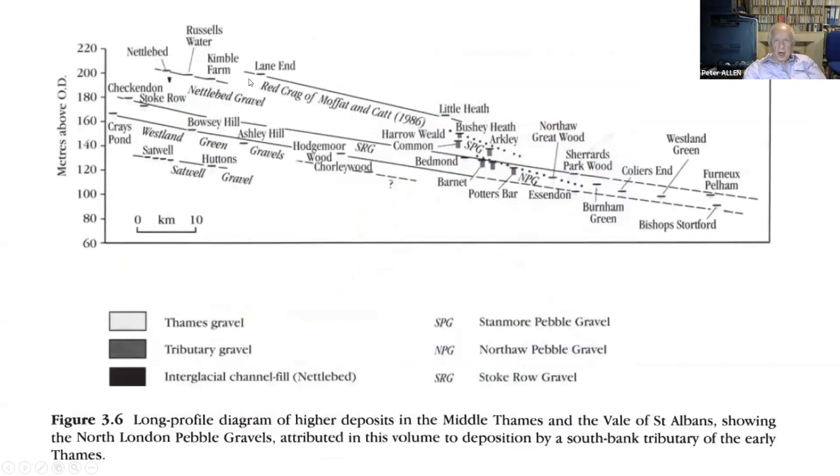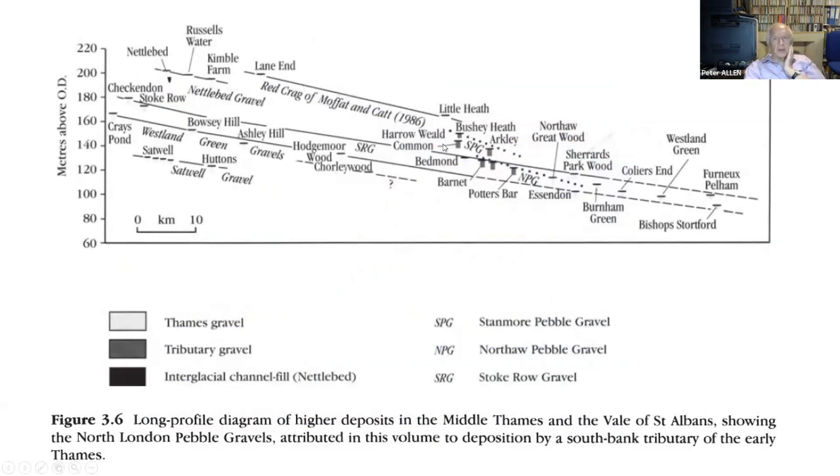And again, it's shown here, Lane End and Little Heath, thought to be Red Crag, but there is a little bit of debate about that. Most of these high-level gravels tend to have ifs and buts about them, so you can expect perhaps changes in interpretation there.